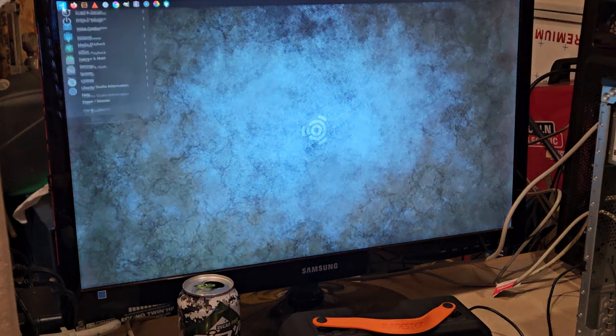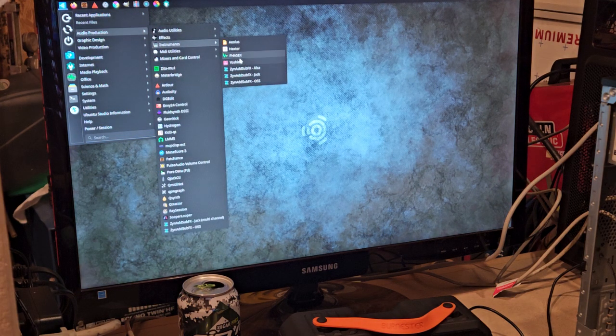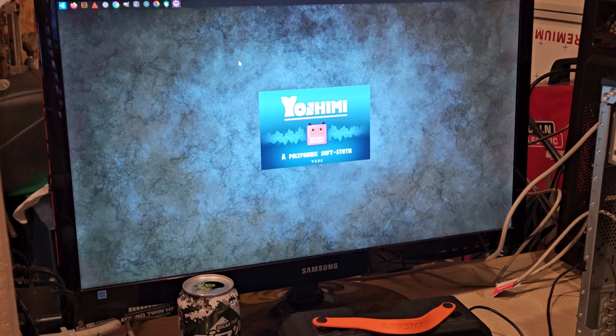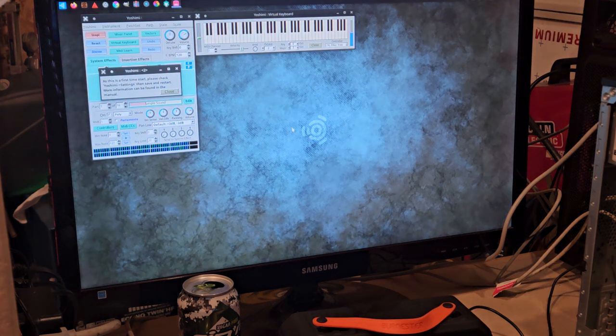Alright. Soft synth. Doesn't look like it's opening. There's two of them now I've tried to open. Oh, look at that. I don't have any sound, though.